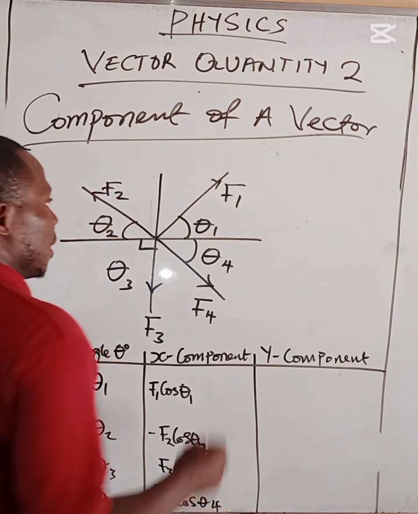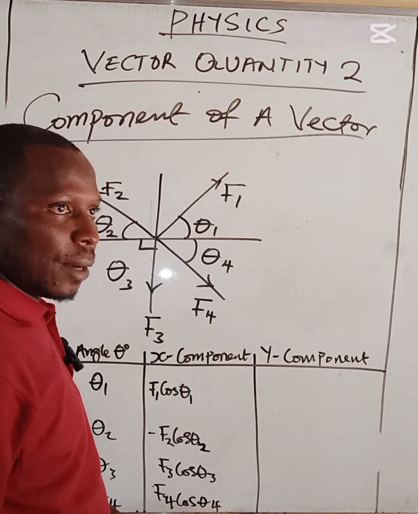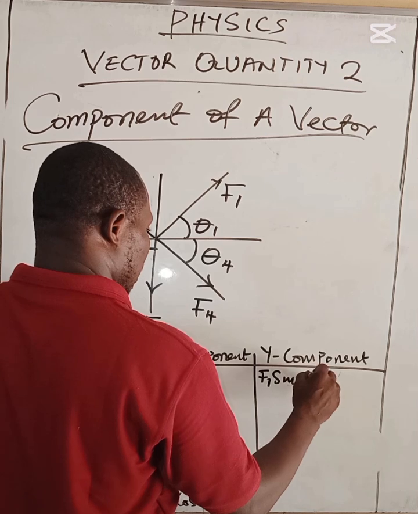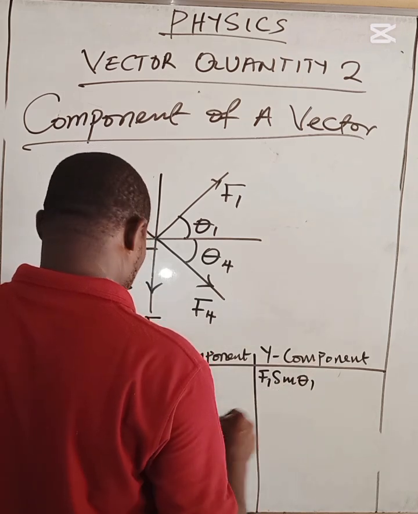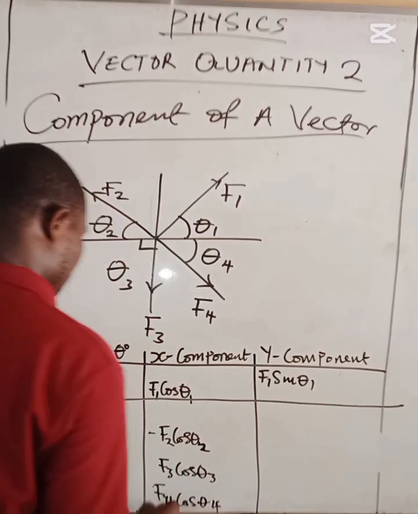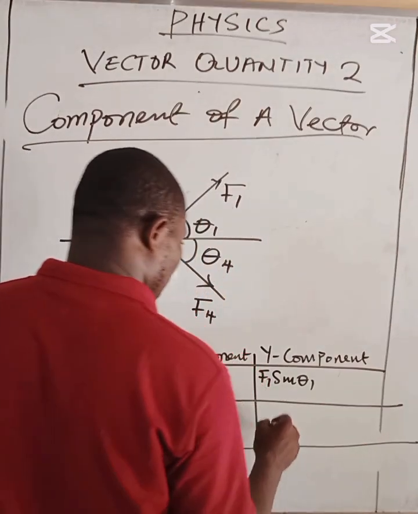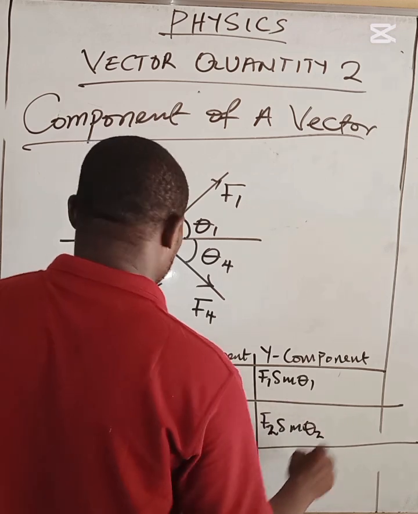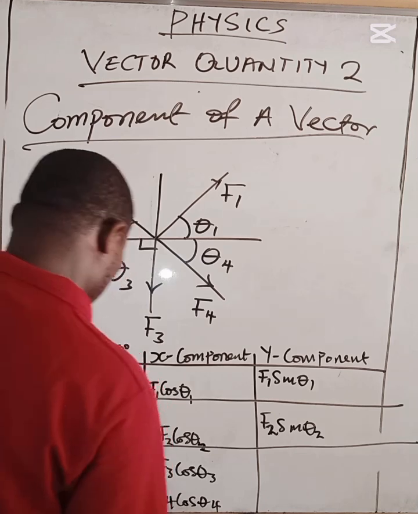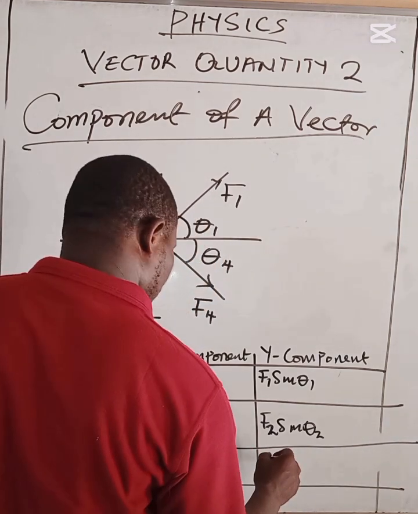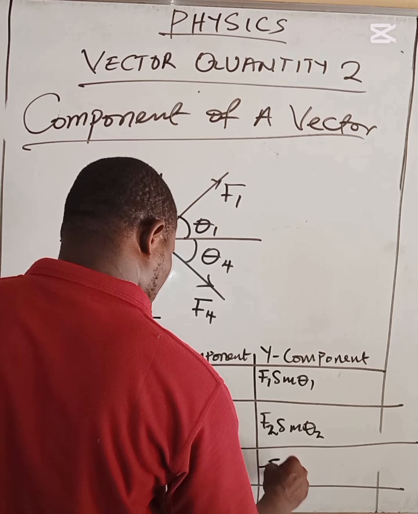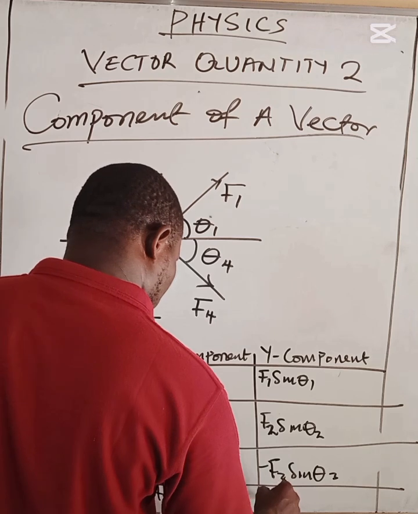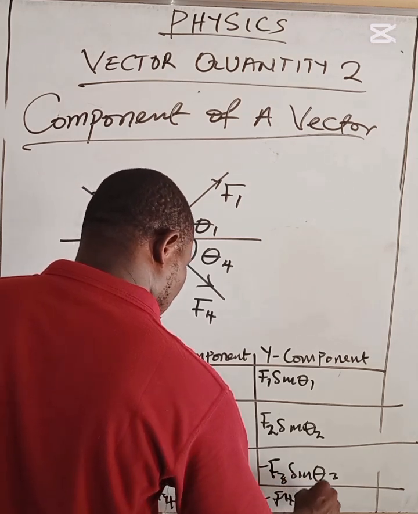Your y component, everything up is positive and those down are negative. So we are going to have F1 sine theta 1. Then here we have F2 sine theta 2. It is also upward, so it is still positive. Now F3 is downward, so it's going to be minus F3 sine theta 3. F4 is downward also, so it's going to be minus F4 sine theta 4.